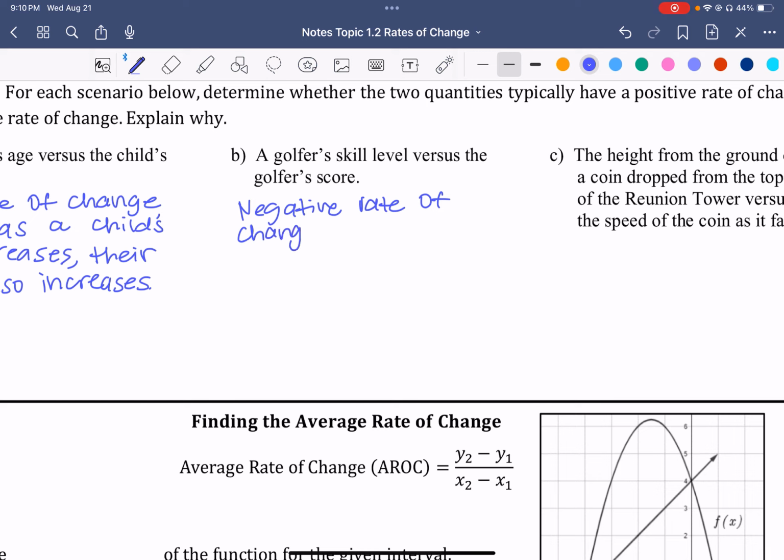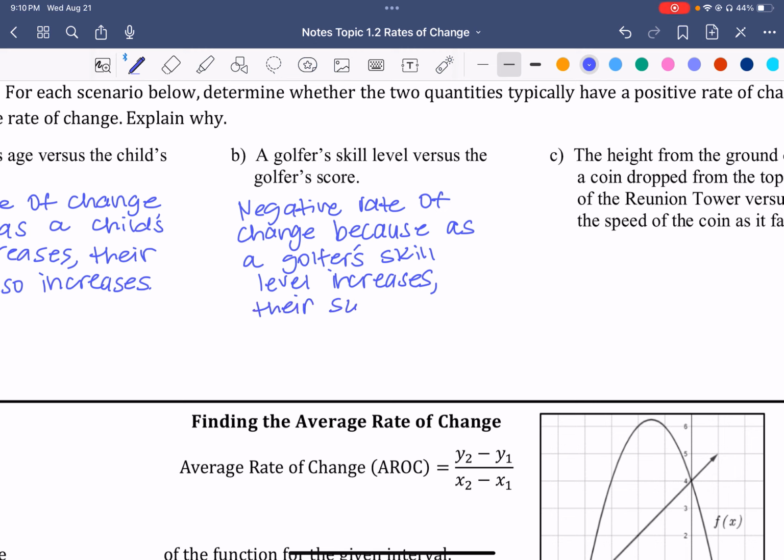Negative rate of change because as a golfer's skill level increases, their score will decrease.